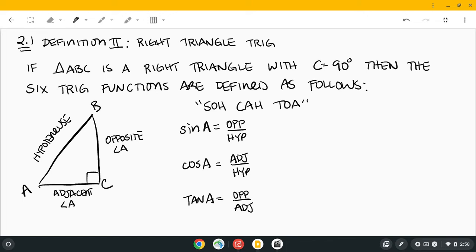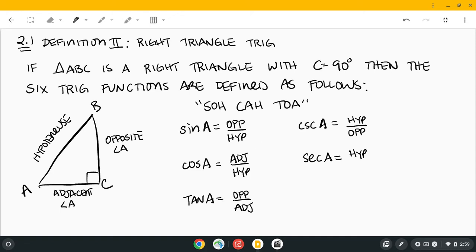Okay, so cosecant is hypotenuse over opposite. That is just the reciprocal of sine. Secant will be the reciprocal of cosine, so that would be hypotenuse over adjacent.